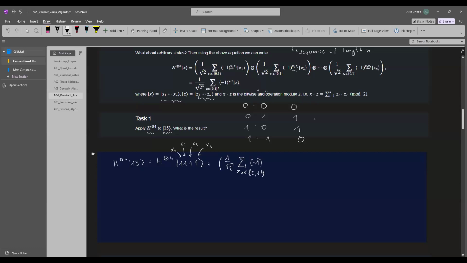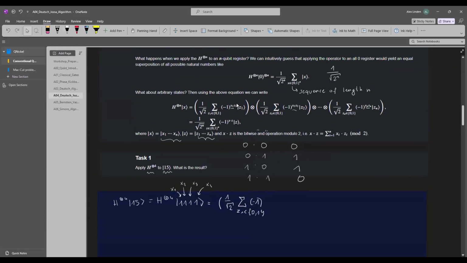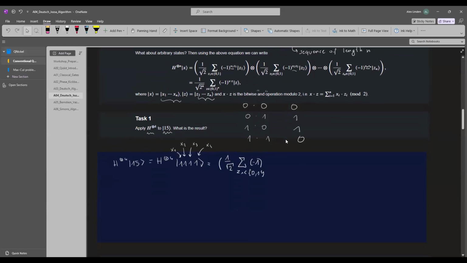Minus 1. And now we're using this here. Z1 state.